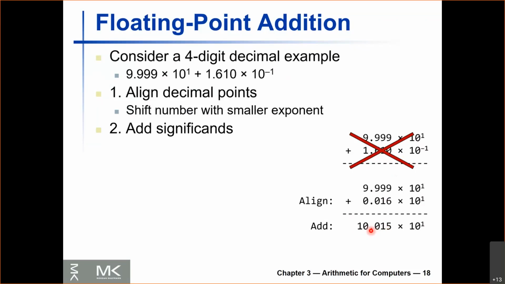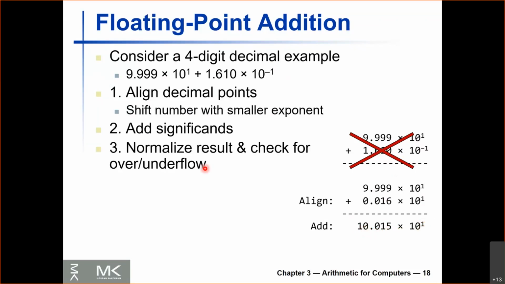So I'm going to take this decimal, shift it one to the left, and then I'm also going to increment my exponent to become 2. Okay, so this is how I normalize the result. I'm going to get this value over here, 1.0015 times 10 to the power 2. Okay, that's how I normalize.